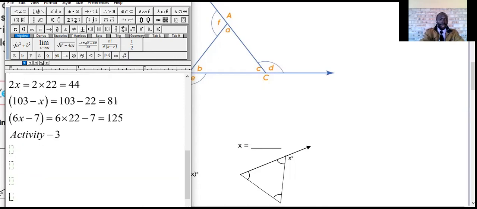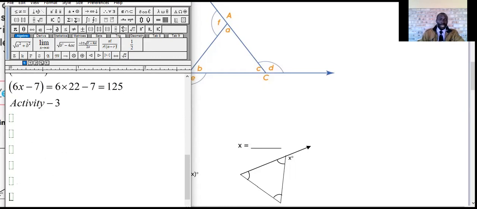Now, in activity 3, what we are supposed to do is to find the value of x, which is the opposite exterior angle to this other one here. It's opposite to this and that. Now, before we find the value of x, we need to find these angles here.